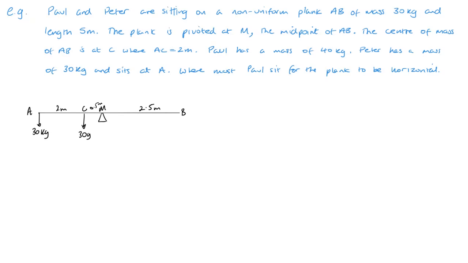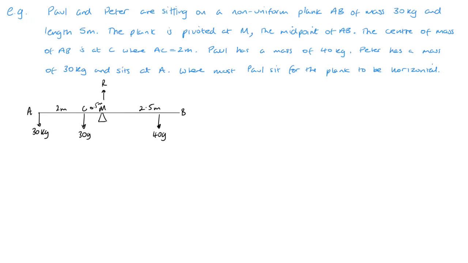Where must Paul sit for the plank to be horizontal? For the plank to be horizontal, Paul must sit on this side of the pivot, because obviously if he sat on the other side, it wouldn't be horizontal. So Paul has to sit somewhere on this side, 40 kilograms.